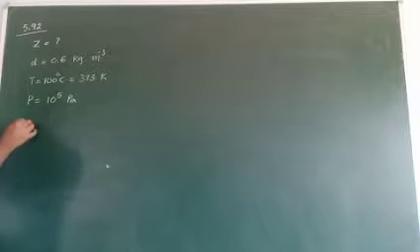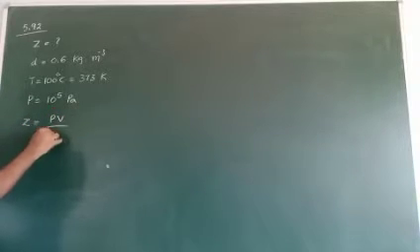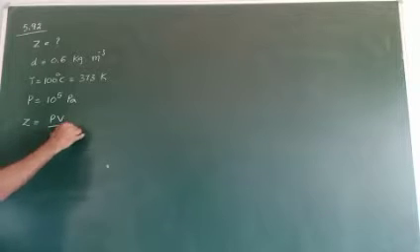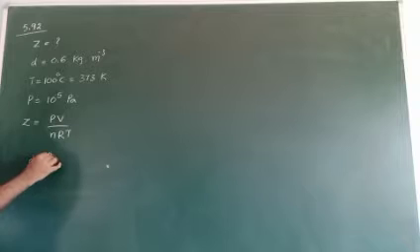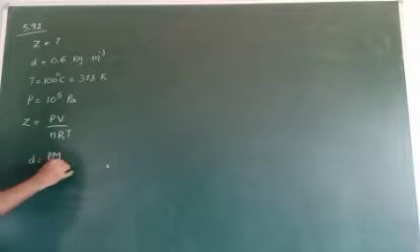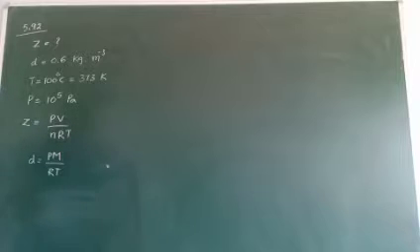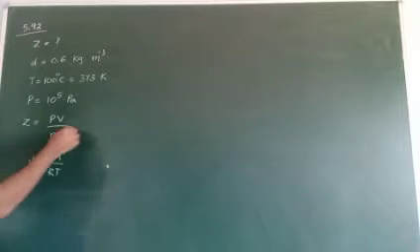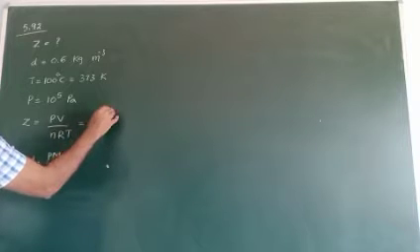Then how can we calculate Z is equal to PV by nRT? What is the density formula? Density is equal to PM by RT. We know these two formulas, but number of moles means weight by molecular weight.